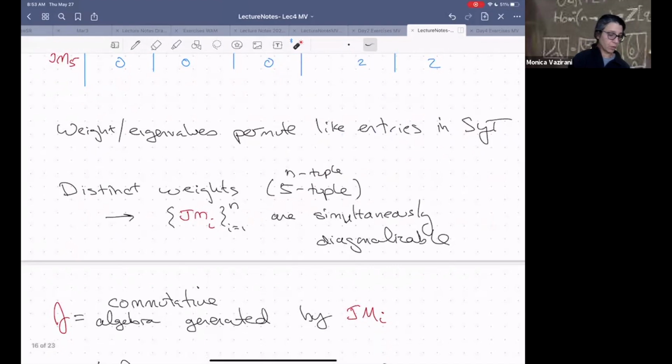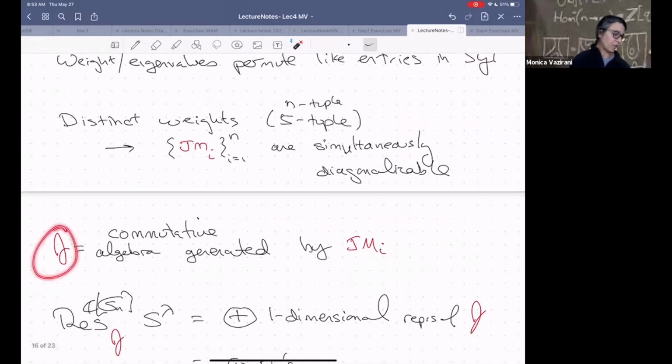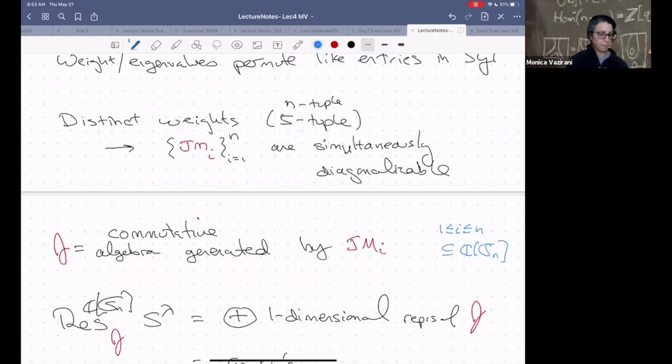Right, okay, so if I call script J the commutative subalgebra in the group algebra of the symmetric group generated by all the JM_i, so let's say i runs between 1 and n, then this is sitting inside the group algebra of S_n.